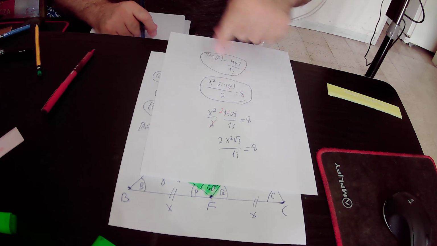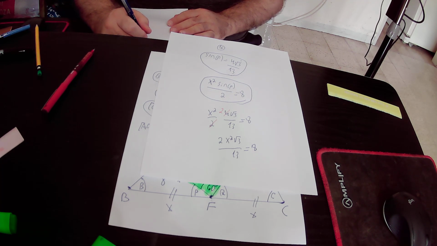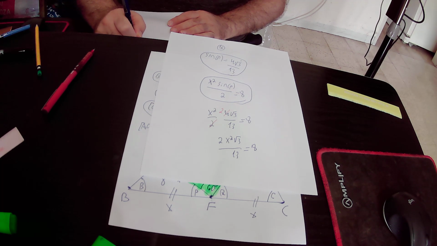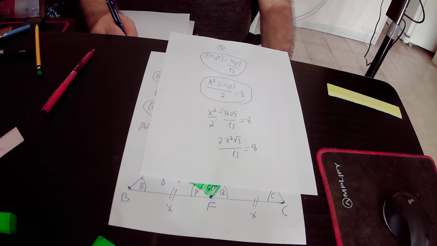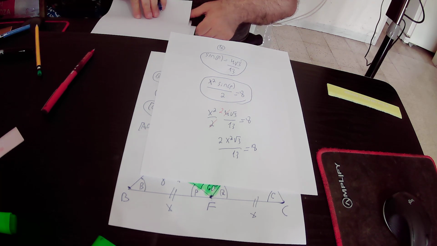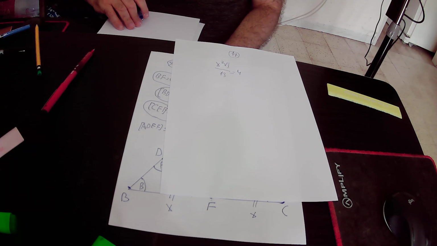Here we will divide this equality by 2, and we will get that x squared times root 3 over 13 equals 4.